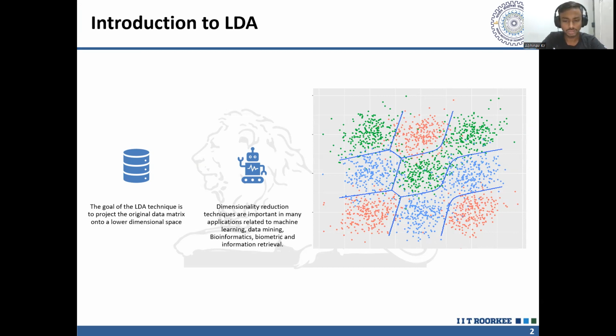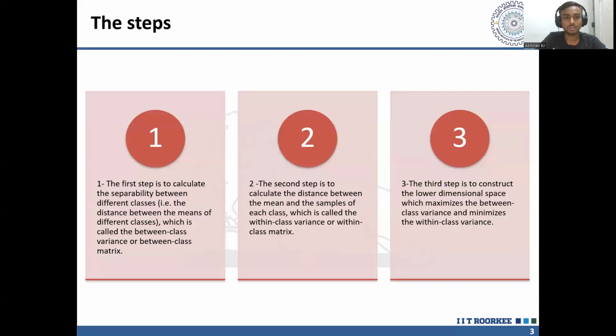Now, let me tell you about some basic steps that we perform in LDA. The first step is to calculate the separability between different classes. That is, we call that between class variance. Like this is the data, right?